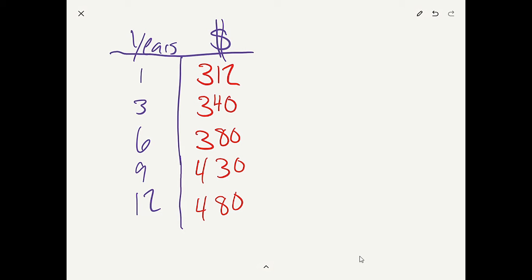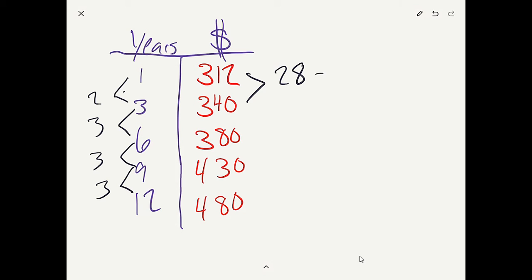But let's do a little bit of work real quick just to see. How many years difference is there here? 2. How much here? 3. And every time from here on down is 3, right? What is the difference here between 312 and 340? 28, which is how much per year? 2 years, 28 divided by 2 is what? 14.